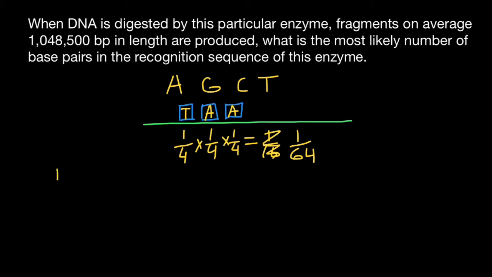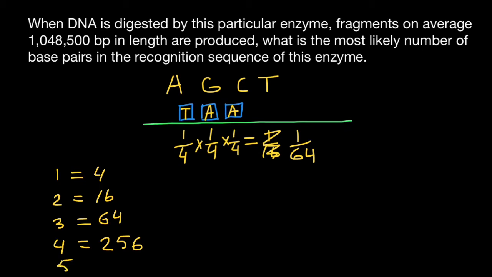If we have a 1 base recognition site, then the endonuclease would cut our DNA every 4 bases, with 2 every 16 bases, with 3 every 64 bases, with 4 every 256 bases, with 5 every 1024 bases.